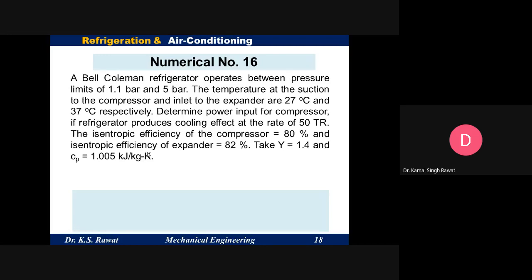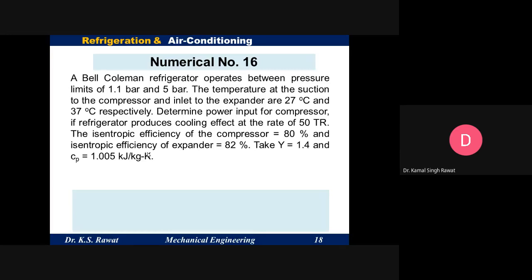So refrigeration capacity is given and we have to calculate the compression work. The isentropic efficiency of the compressor is 80% and the isentropic efficiency of the expander is 82%. Take gamma equal to 1.4 and Cp is 1.005 kilojoule per kg Kelvin.